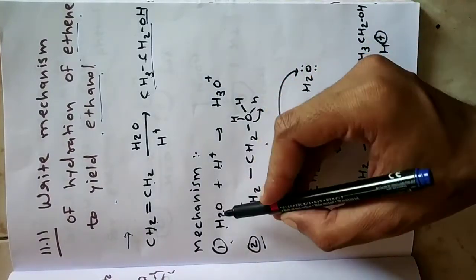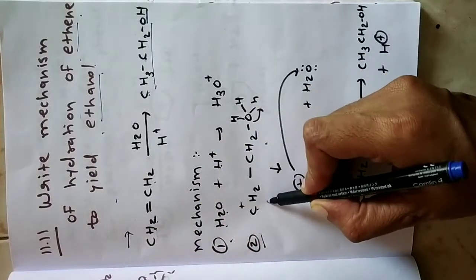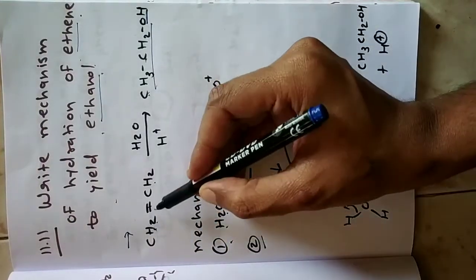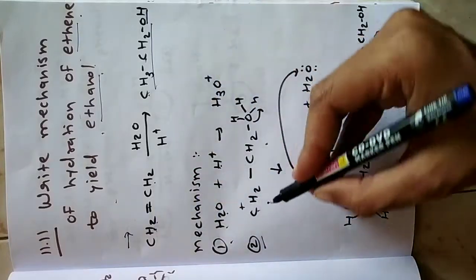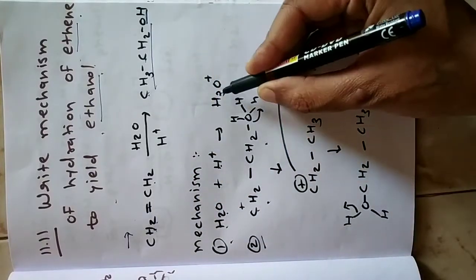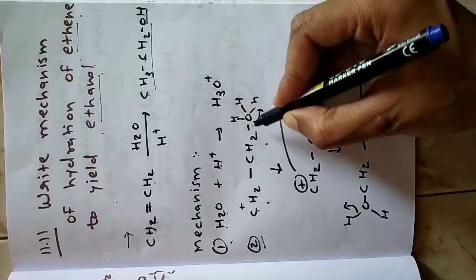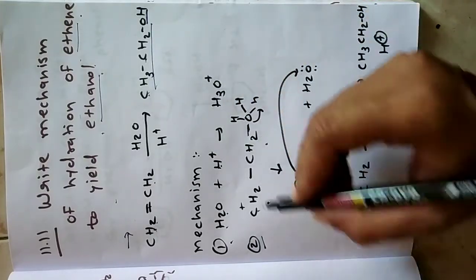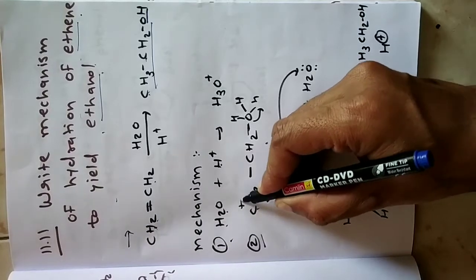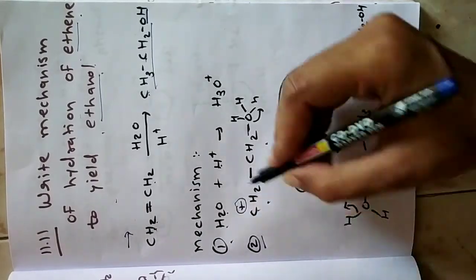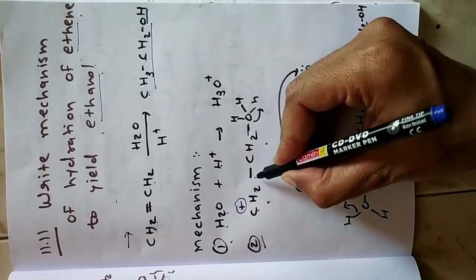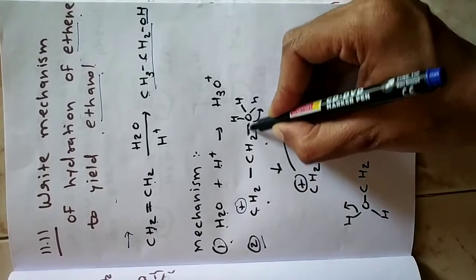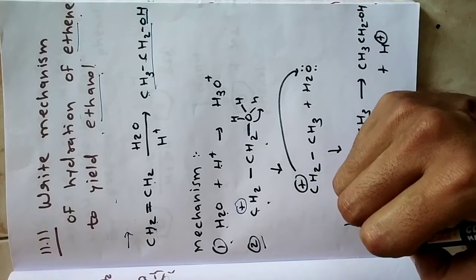Here you can see ethene comes here. This double bond breaks, and the H3O plus will attach on any of these 2 carbons. The remaining carbon will have a positive charge now, because the electrons of this double bond are used in the formation of this bond.